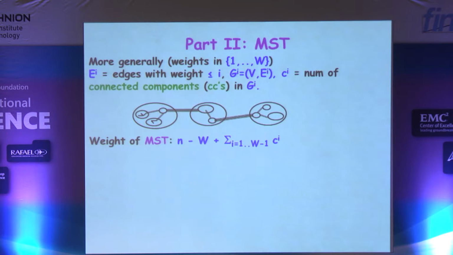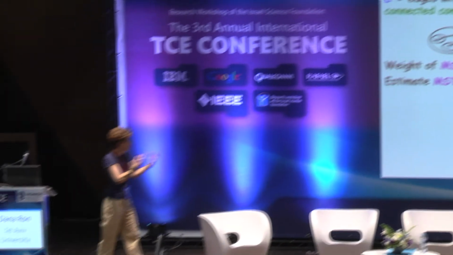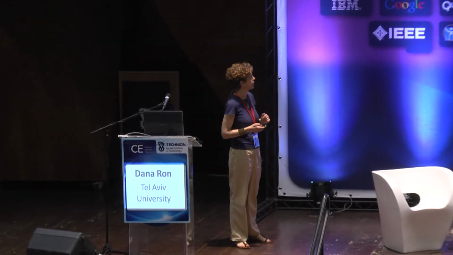We can do it as an exercise afterwards why this is true; let's just believe that it is. Now we have reduced the problem of estimating the weight of a minimum spanning tree to estimating the number of connected components of graphs. We made one step in understanding the structure of the minimum weight spanning tree, and we want to exploit it algorithmically.